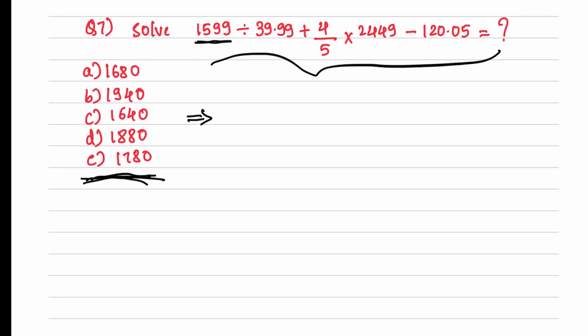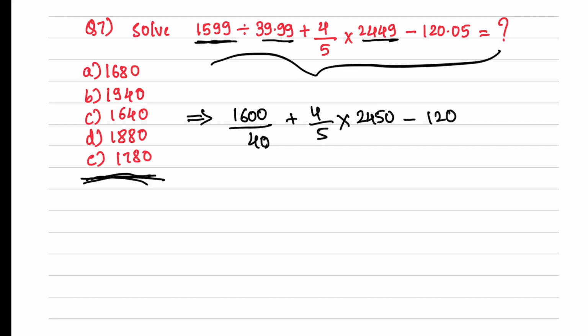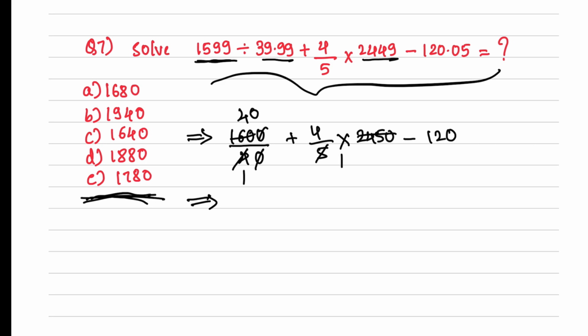See, this 1599, we can write it as 1600 by this 39.99 will be 40 plus 4 by 5 into this 2449, we can write as 2450 minus this will be 120 only. Now 0 0 cancel, 4 ones are 4, 40s are, this 5 ones are 5, 4 fives are 20.